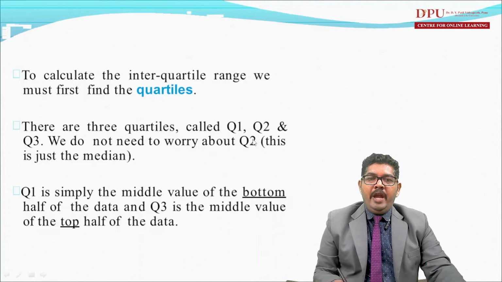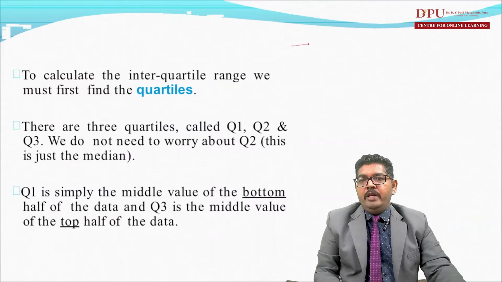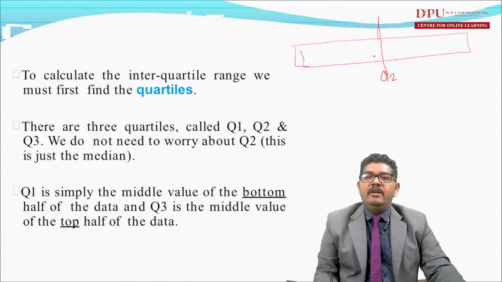So when we have data, like this is the entire data. So median is the value, that is Q2 is equal to median. So Q2 or median is the value which divides the entire data into two equal halves. And what is said here, yes, Q1 is simply the middle value of the bottom half.